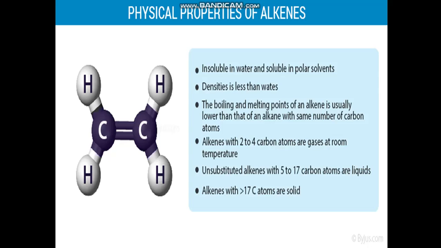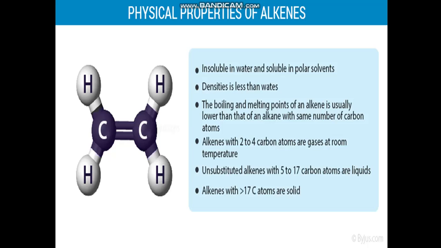Anesthetic effect means the person slowly becomes unconscious. Its boiling point is minus 102 degrees Celsius and melting point is minus 169 degrees Celsius. It is almost insoluble in water and soluble in polar solvents as it is an organic compound. Its density is less than water, so it floats over the surface of water.